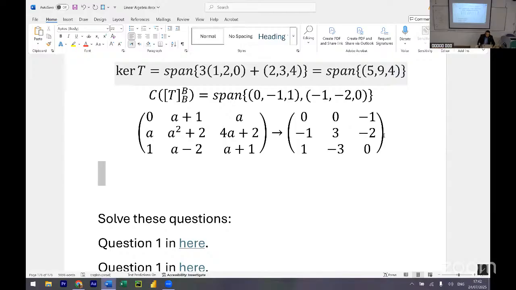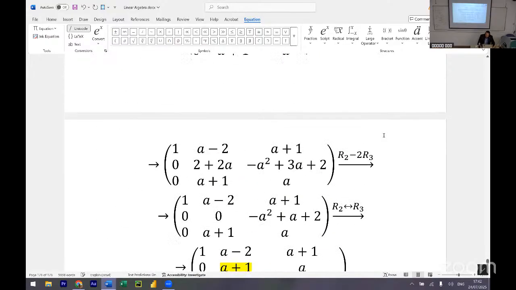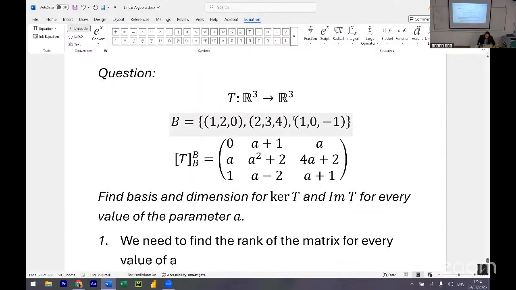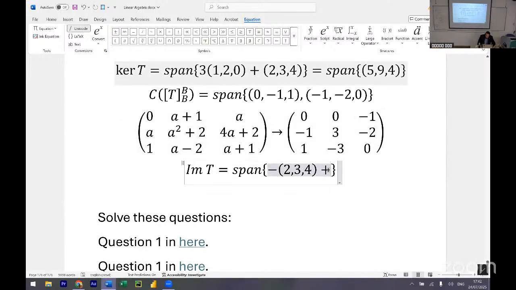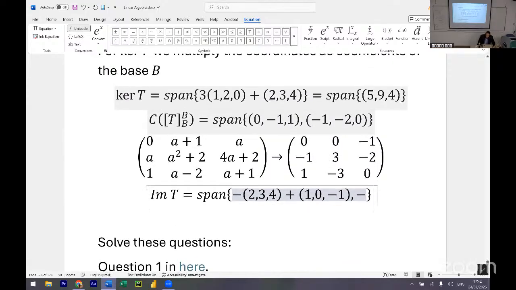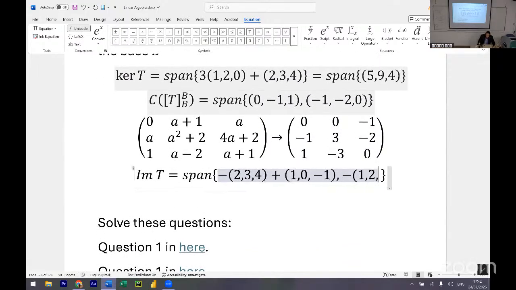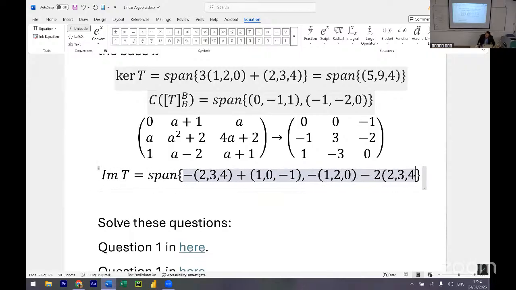So the actual image of T is the span of the first vector, -1, -2, 3, 4, plus the third vector in the base, comma, and this minus the first vector, 1, 2, 0, minus 2 times the second vector, 2, 3, 4.